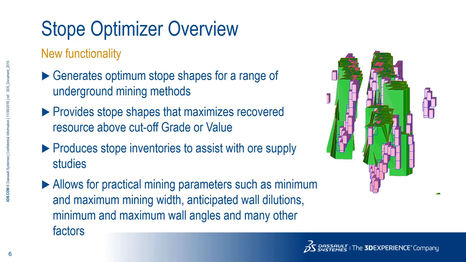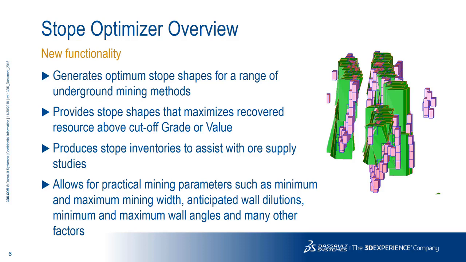I've just dot pointed some of the key features of the Stope Optimizer on this slide. So the optimizer really allows us to generate optimum stope shapes for a range of underground mining methods, and provides stope shapes that maximize recoverable resource above a nominated cutoff grade or value. Value might be net smelter return as an example. The value can also be a calculated attribute in your block model. The optimizer also produces stope inventories to assist with ore supply.